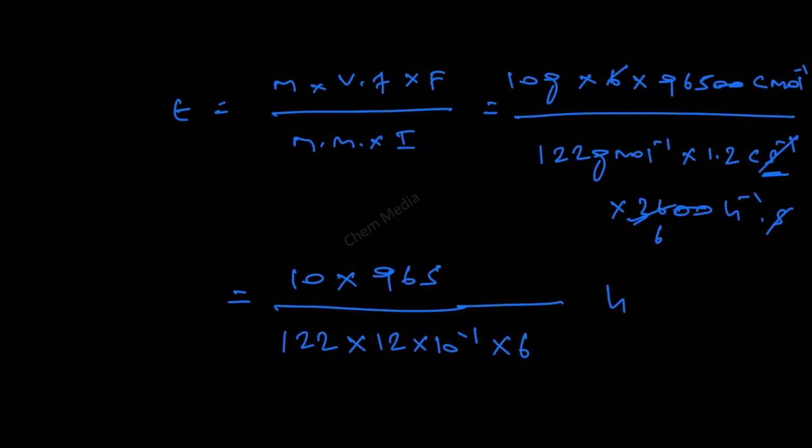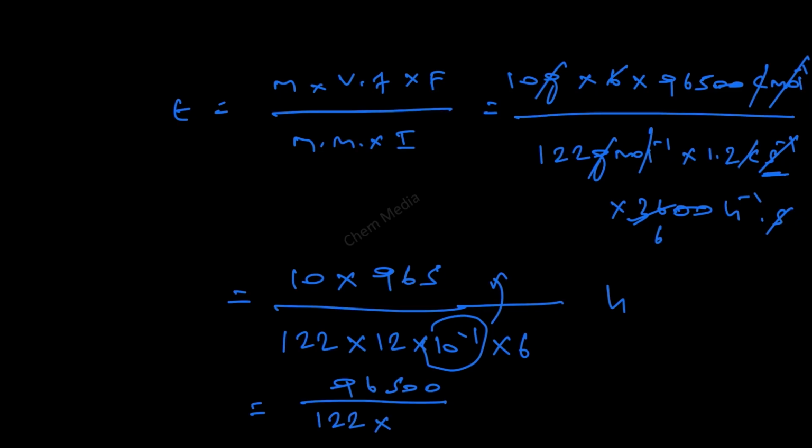This would be in hour, rest of the things will cancel. So now if we send this 10 to the power minus 1 also to the numerator, then what we have is 96500 divided by 122 times 72, because 12 times 6.